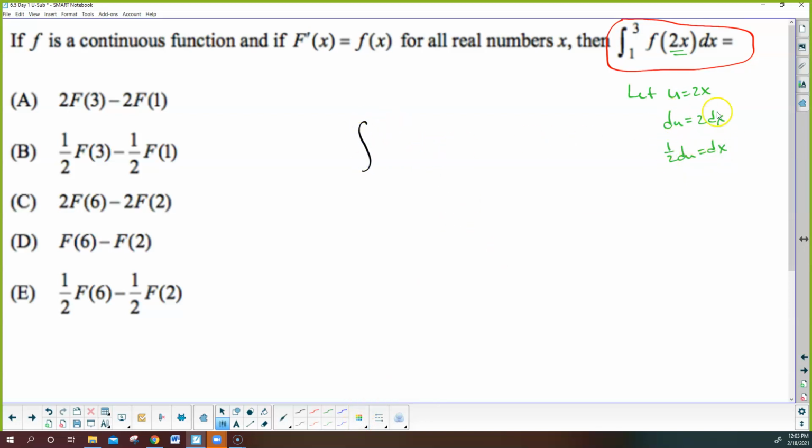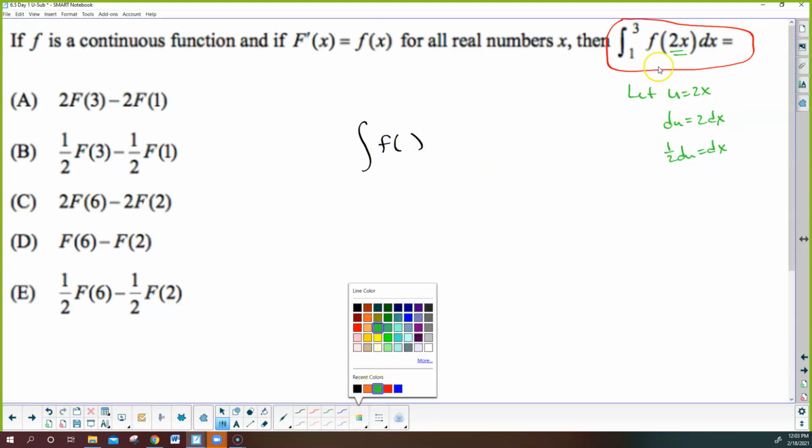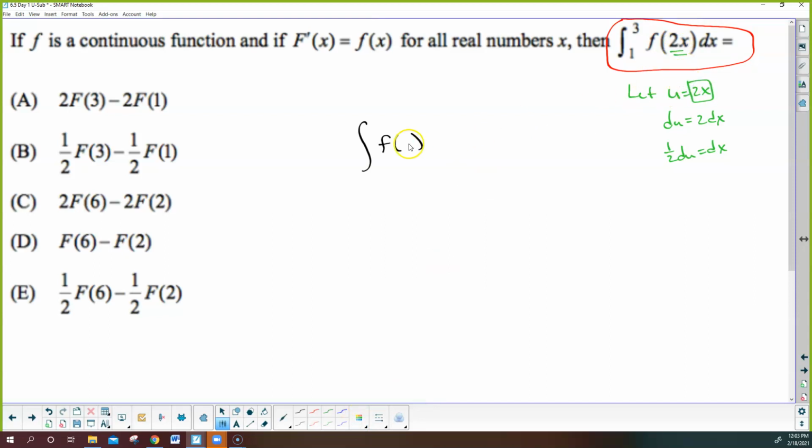All right, so we're going to rewrite this using everything that we know. Instead of 2x, we called 2x u. And then instead of dx, I'm going to replace it with 1/2 du.